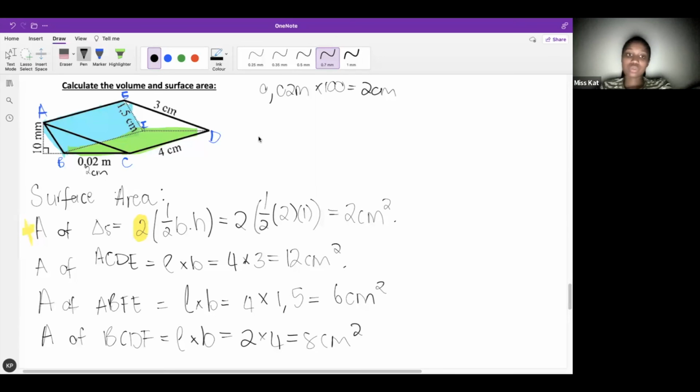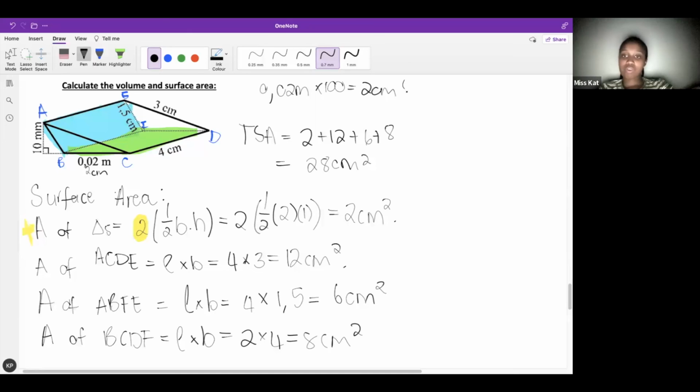So then my total surface area will be 2 plus 12 plus 6 plus 8, which is 28, right? 28 centimeters squared.